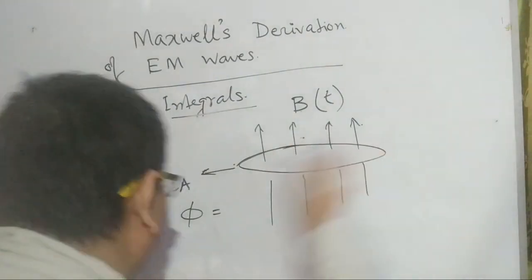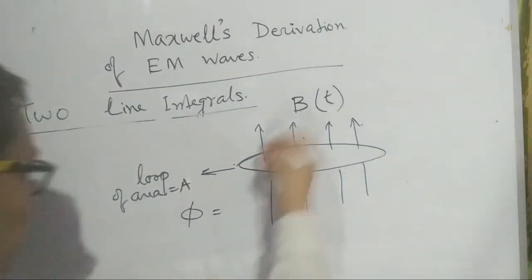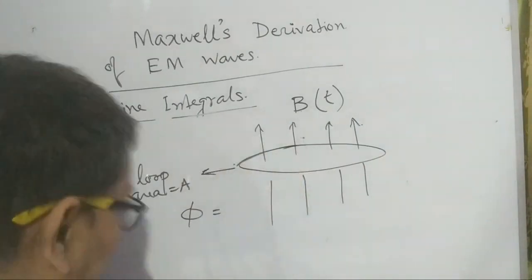Take a loop of area A, and this magnetic field is a function of time, meaning it is a variable magnetic field.